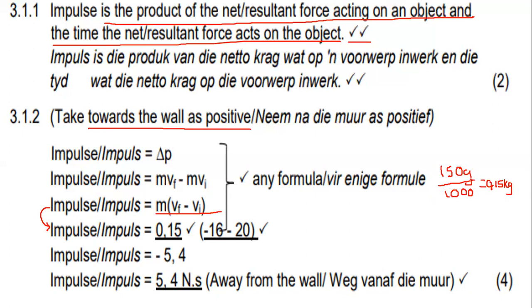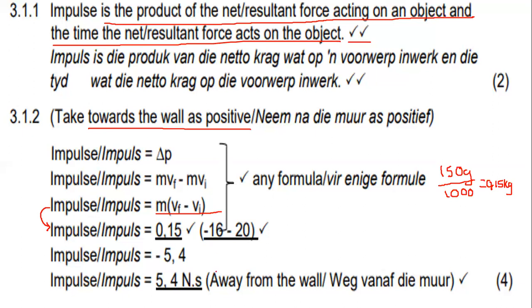So we need to take that mass in grams, divide it by 1,000, then we will have our mass in kilograms. Why do we want it in kilograms? Because we have to substitute it on the formula in kilograms. We cannot substitute it on the formula in grams.